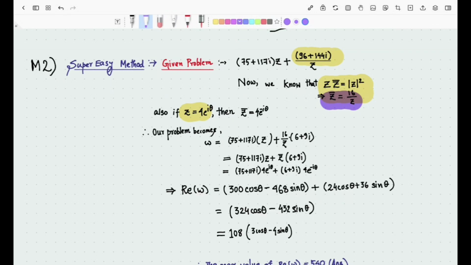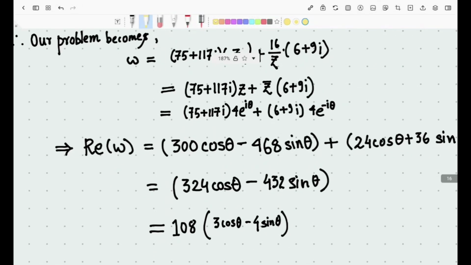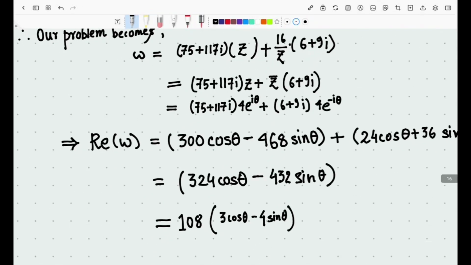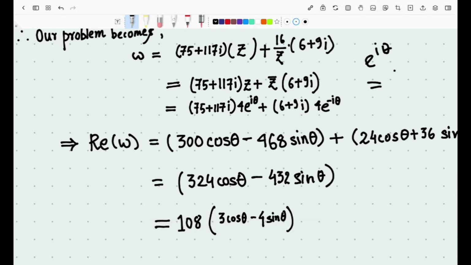Now conjugate of z is also equal to 4 e to the power minus iota theta. So it helps a lot in the simplification, because I can just write the value of e to the power iota theta as nothing but cos theta plus iota sine theta.